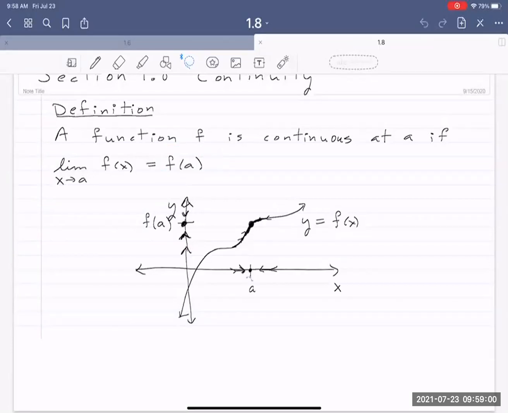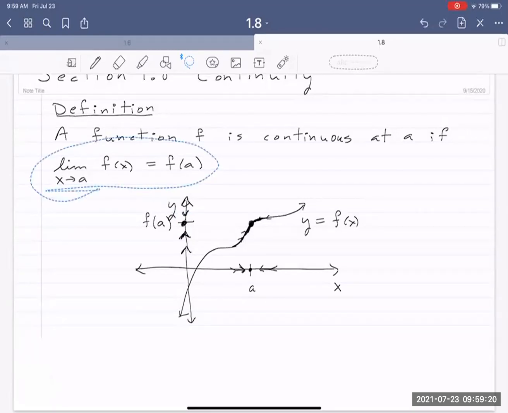And so whatever the value is of f at a, the x values being closer and closer to a give you y values that are closer and closer to f of a. So this means that a is in the domain of f and that the value of the limit is equal to that value at a, f of a.